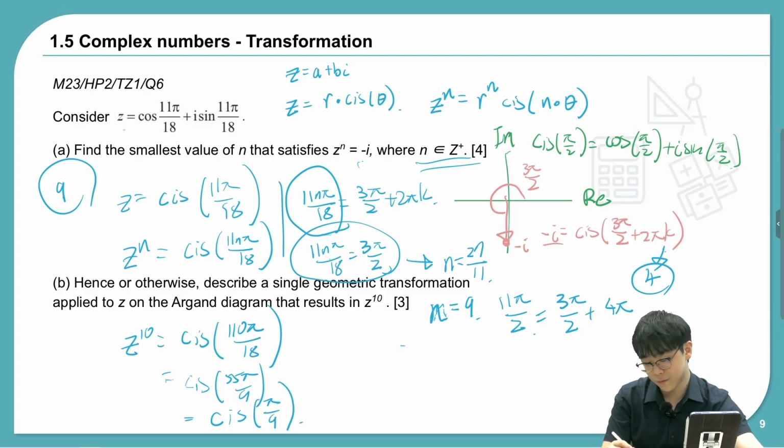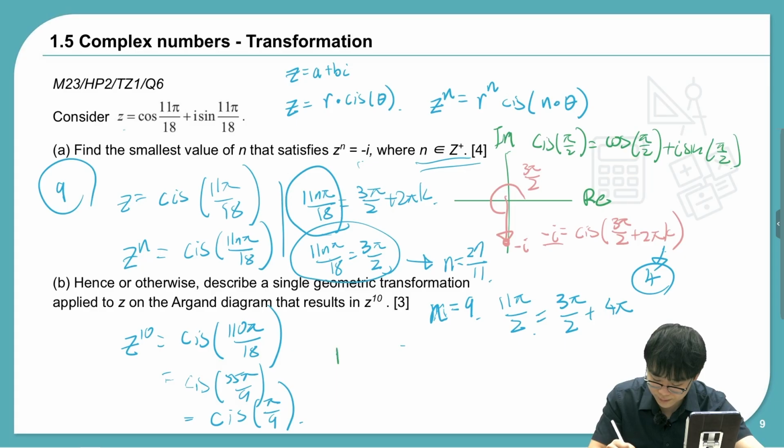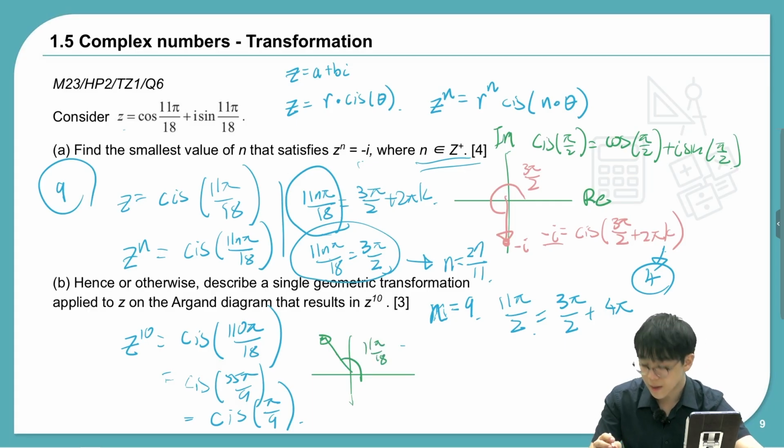So how do we go from z, which was 11 pi over 18, to pi over 9? So what we could do is that our value of z, so the modulus is all going to be 1, right? So z was somewhere around here because the argument is 11 pi over 18. But what we want to end up is here, right? So we get pi over 9.